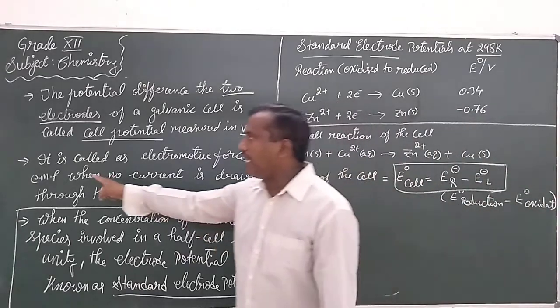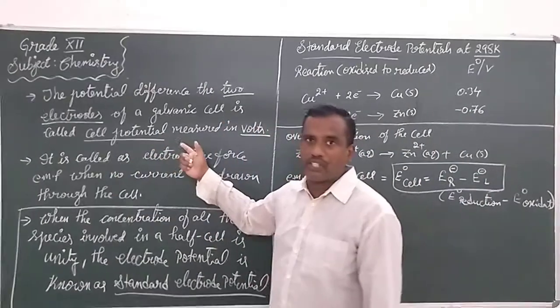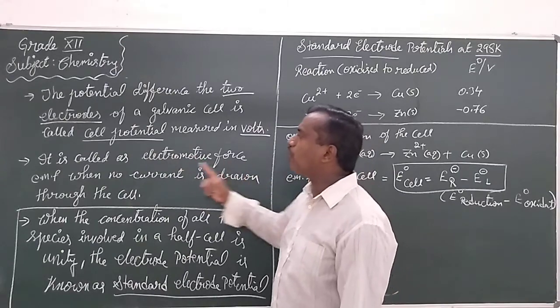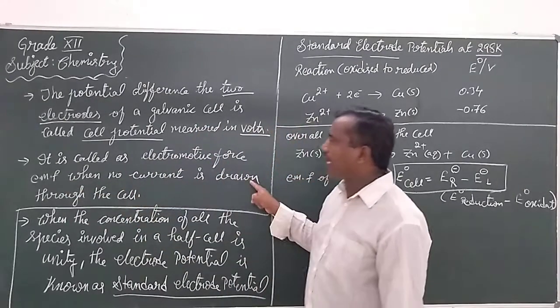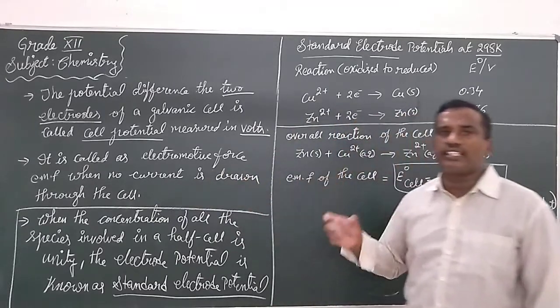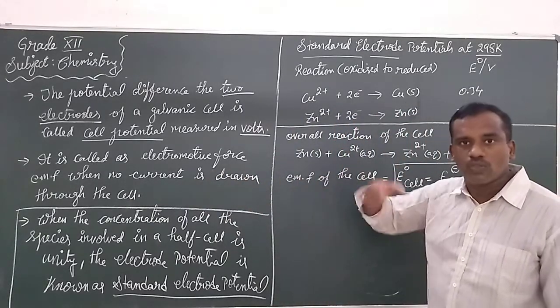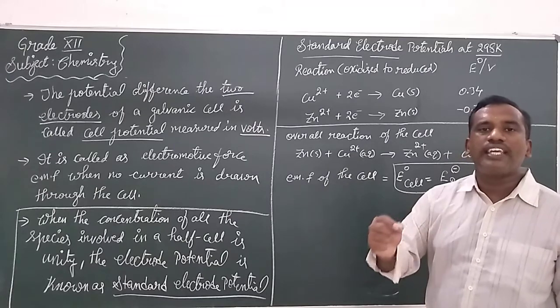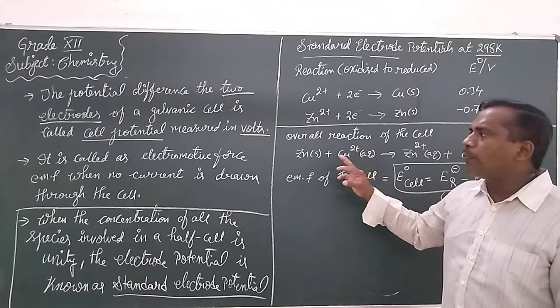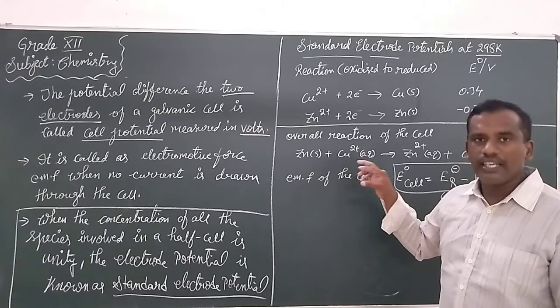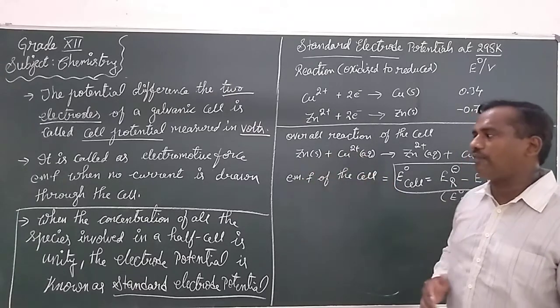It is called the cell potential. It is called electromotive force, EMF, when no current is drawn through the cell. When no current is drawn through the cell, it is called the EMF of the cell. So, these two points are needed for the basic fundamentals.